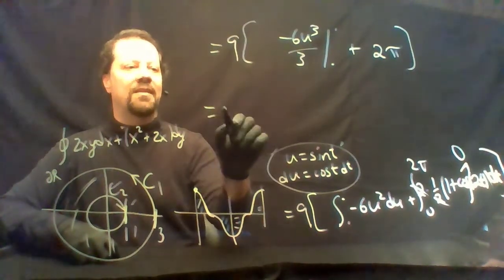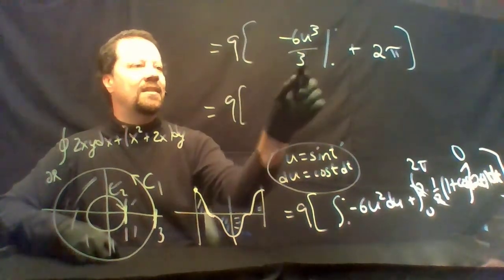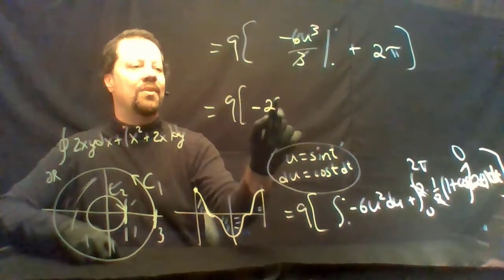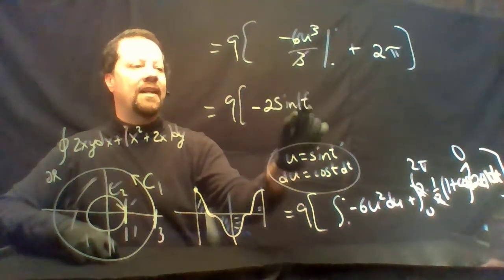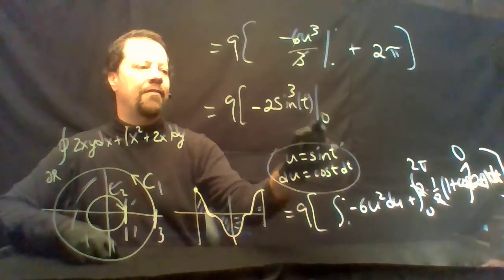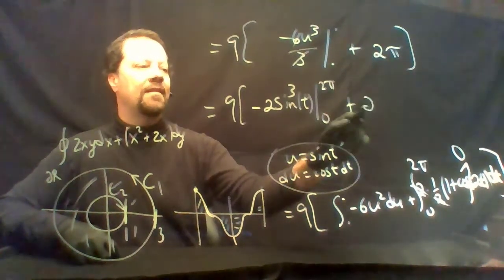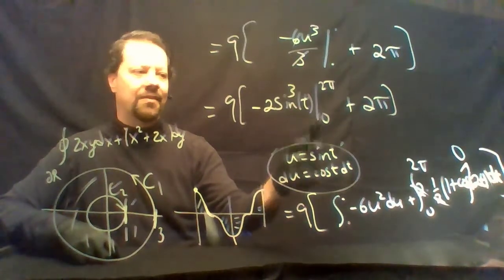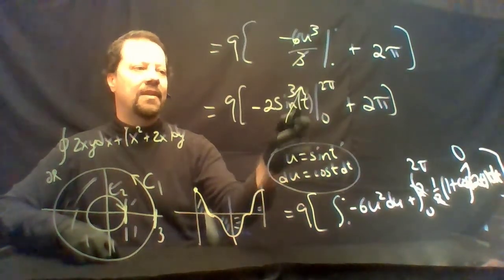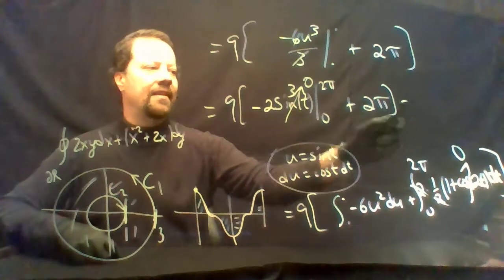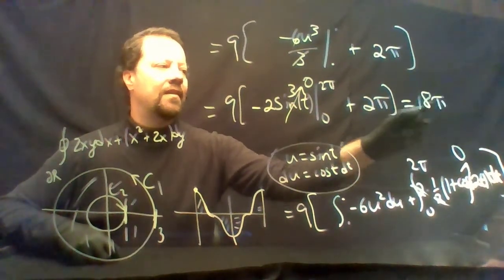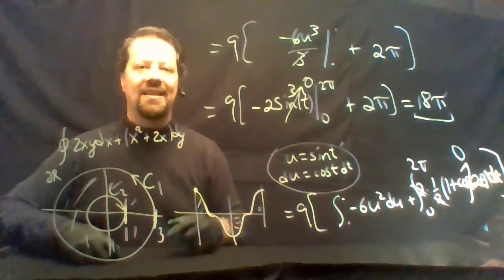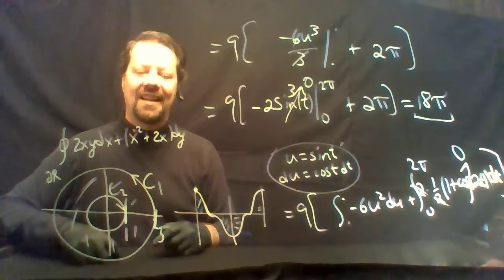On this first term, we have 9 times -2 sine of t cubed evaluated from 0 to 2 pi plus 2 pi. The sine of 2 pi is 0, the sine of 0 is 0, this whole term contributes nothing, and so far we have 18 pi. I'll put that in a bucket and hold it off until we calculate the integral on C1.